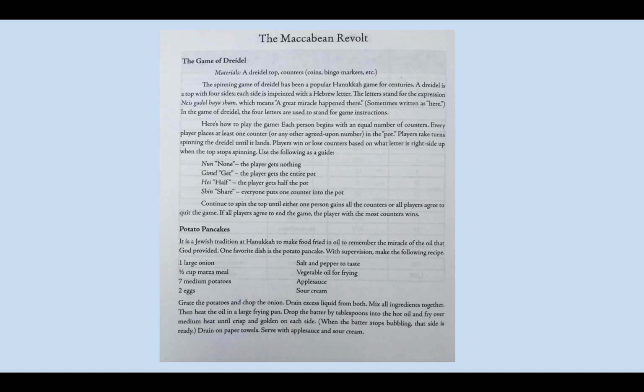I suppose if you have no matzah meal, there are probably substitutions like flour that would work. They would not be official potato pancakes, but they might still be delicious. Salt and pepper, oil, and then they are dipped during Hanukkah in applesauce and sour cream. Interesting. But those are two just fun things for you if you would like to do them.